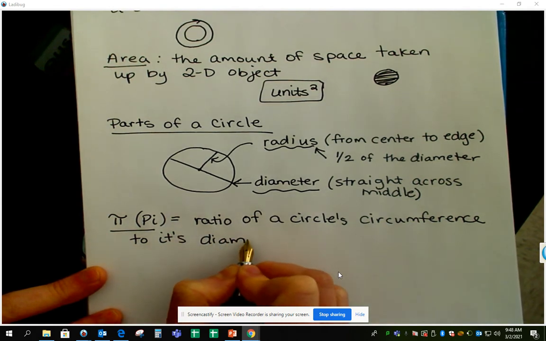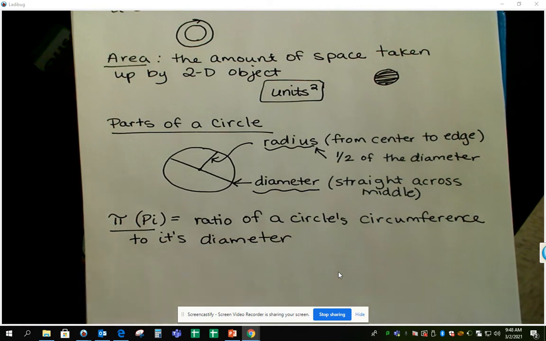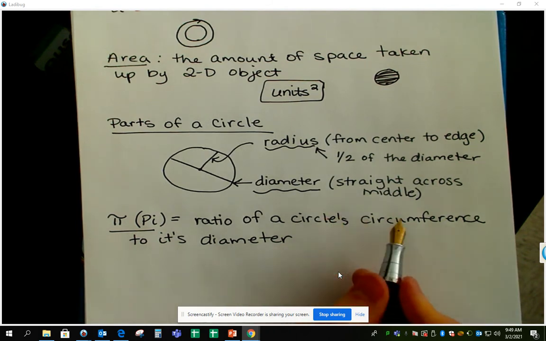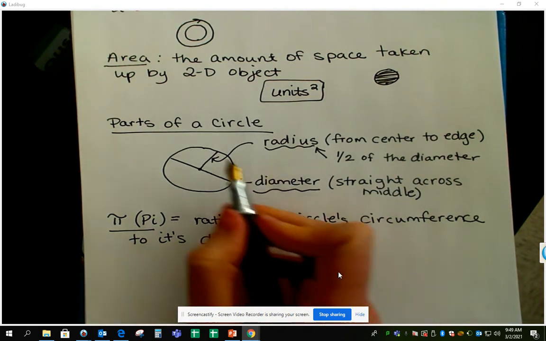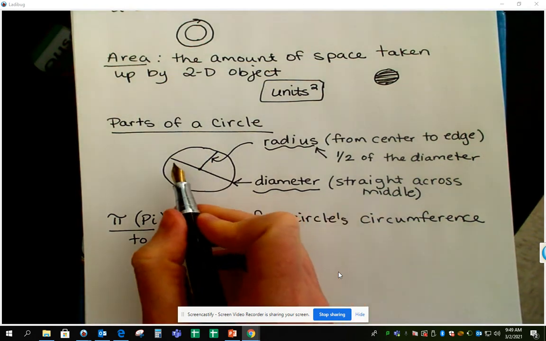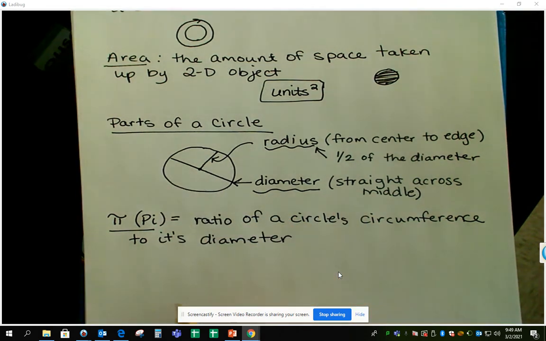And this ratio is true no matter what size the circle. So tiny circles, big circles, any circle, if you do the ratio of the circumference to the diameter, so the distance around to the distance across, you'll always get this number.